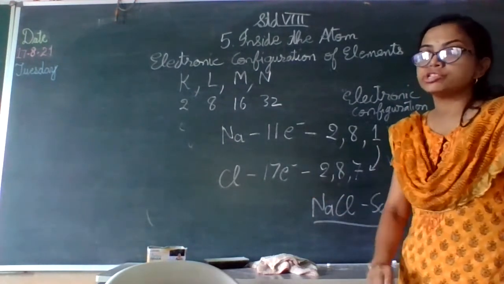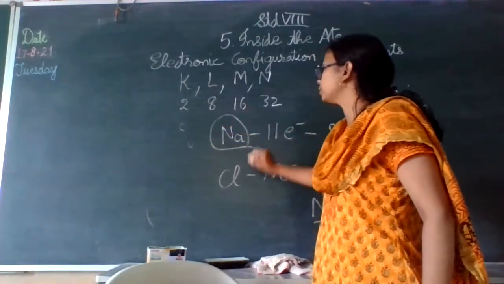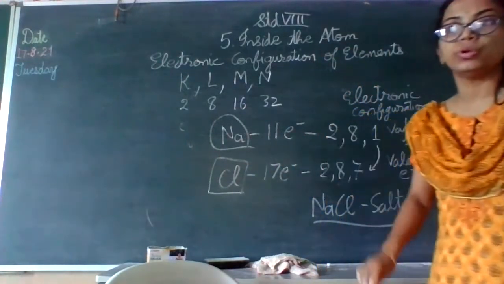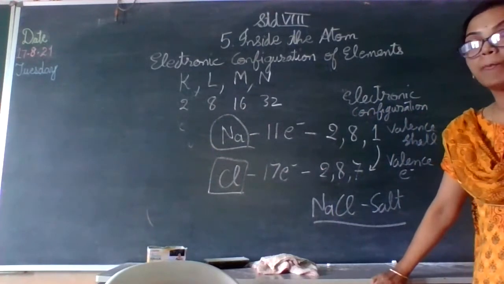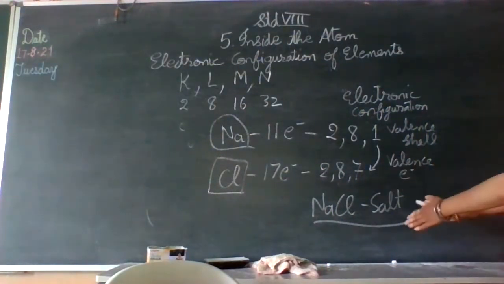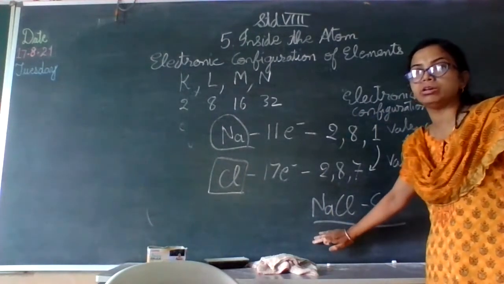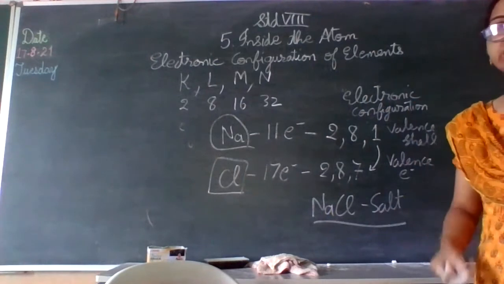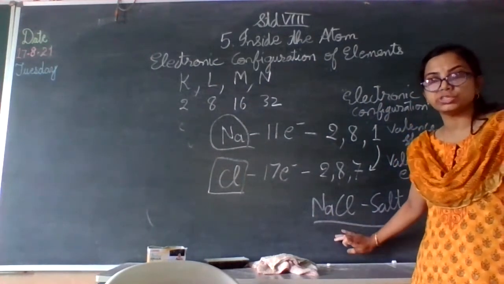For your information, sodium alone is poisonous and chlorine alone is poisonous. We cannot have these alone, but when they both combine together and become a stable molecule of sodium chloride, it is very necessary for our body. It is no more poisonous for us.